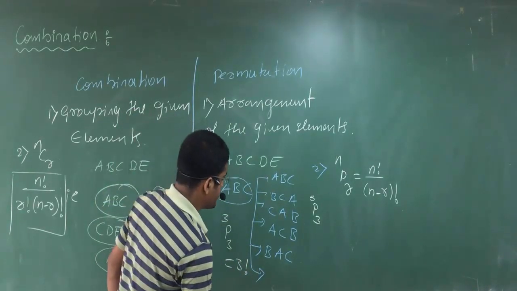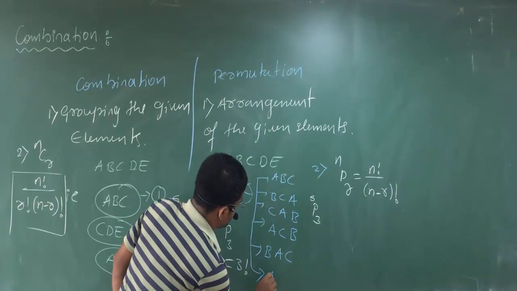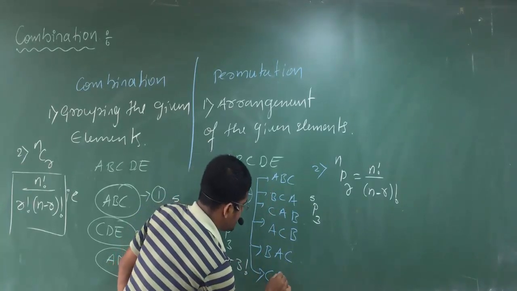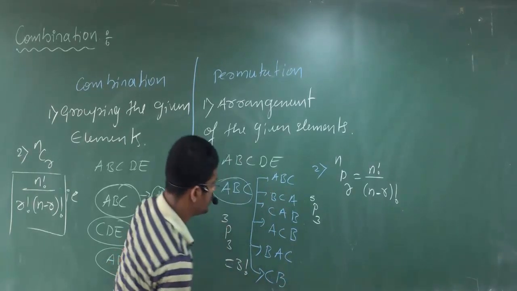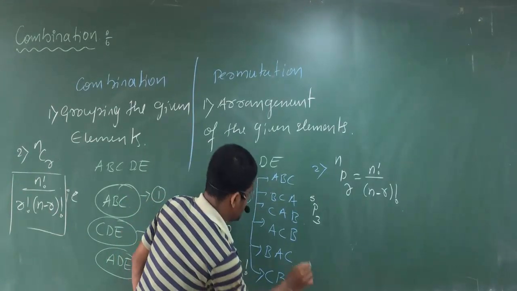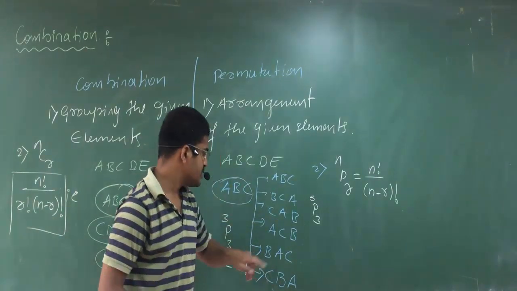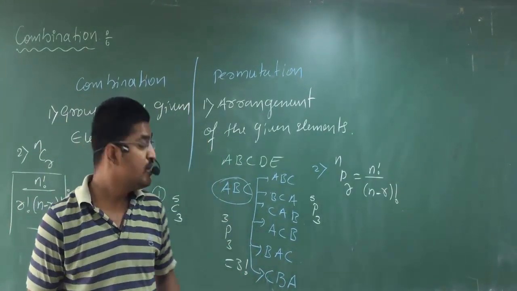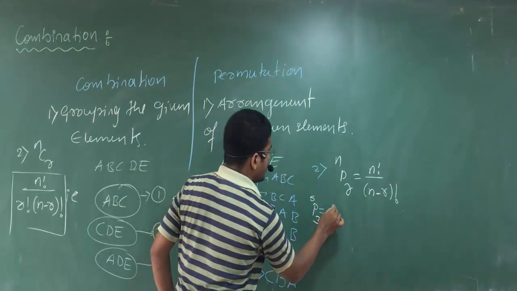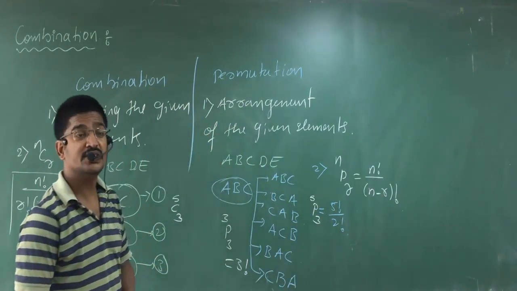That is A, C, B, and this is B, C, A, and this is C, B, A. See, these are the 6 arrangements I can write from these 3. In total from 5, I can write 5 factorial divided by 2 factorial arrangements.